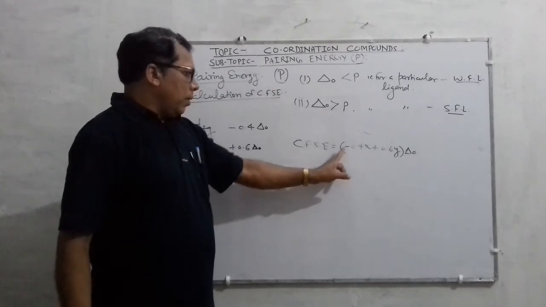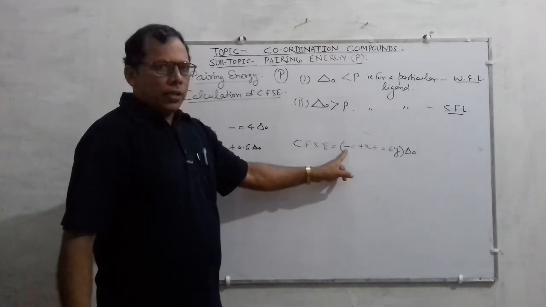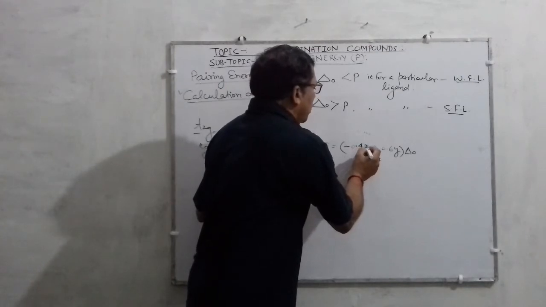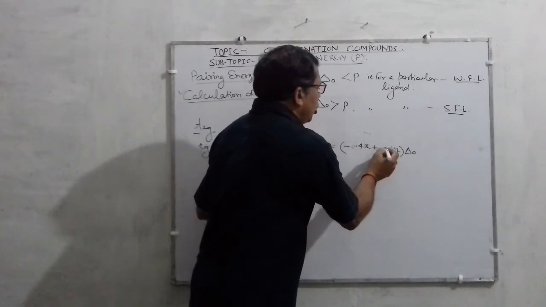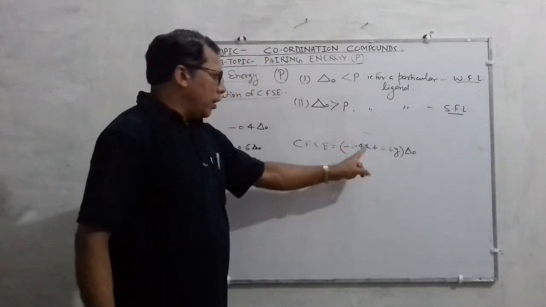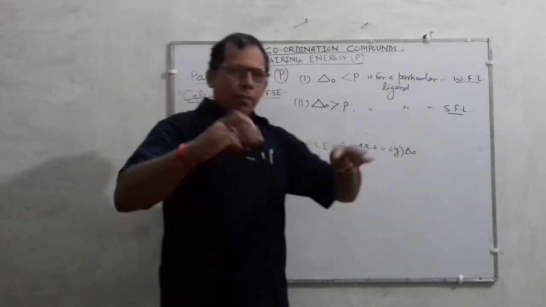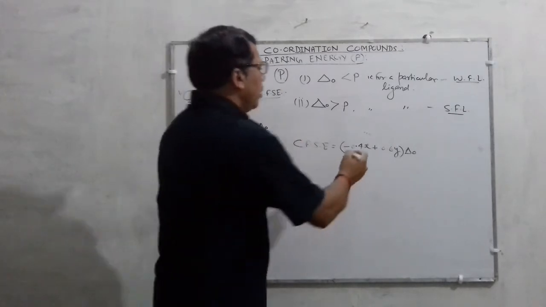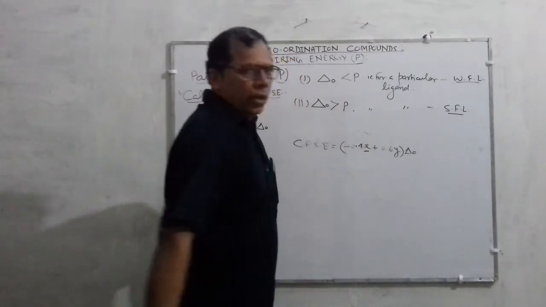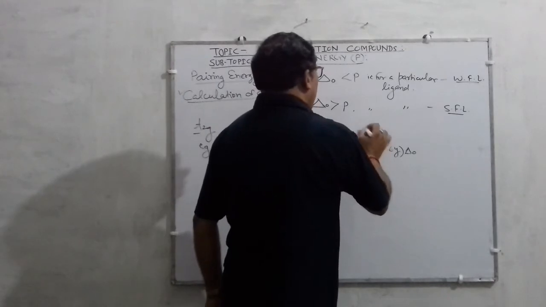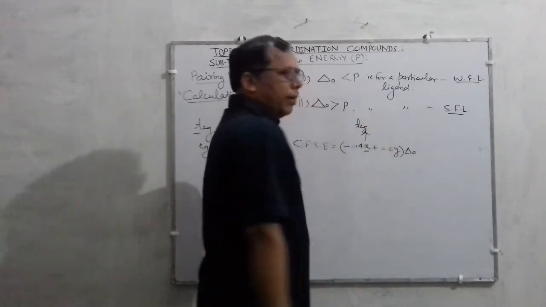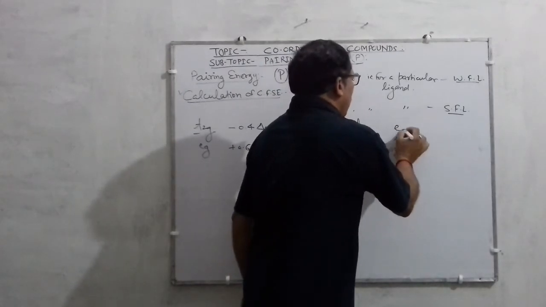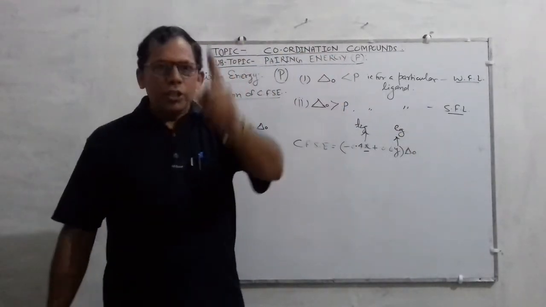Listen, the formula is minus 0.4 X plus 0.6 Y, where X represents the number of electrons present in the t2g orbital, while Y represents the number of electrons present in the eg orbital.